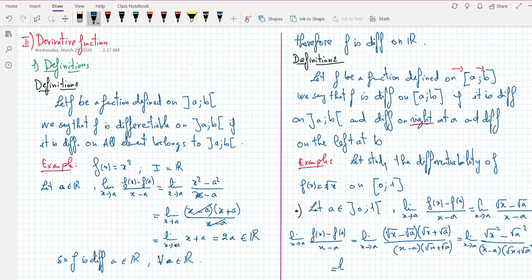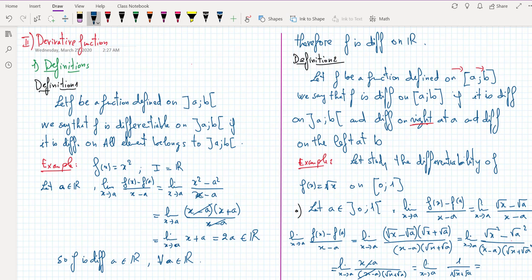This equals limit x tends to a of x minus a over x minus a times root x plus root a. Now we can simplify by x minus a, and we will find the limit x tends to a of 1 over root x plus root a.